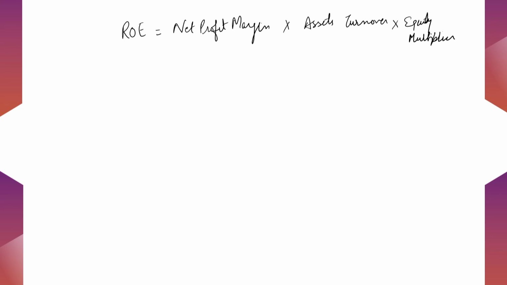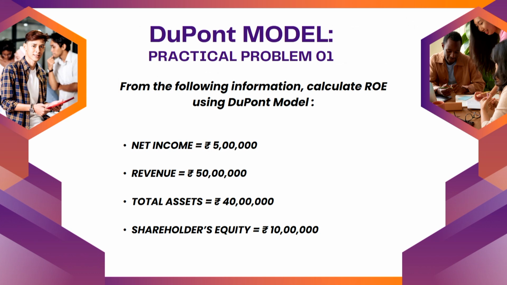Taking one by one, first we compute the net profit margin, for which the formula is net income upon sales, as provided in the question. The net income is 5 lakhs and the revenue generated from sales is 50 lakhs.